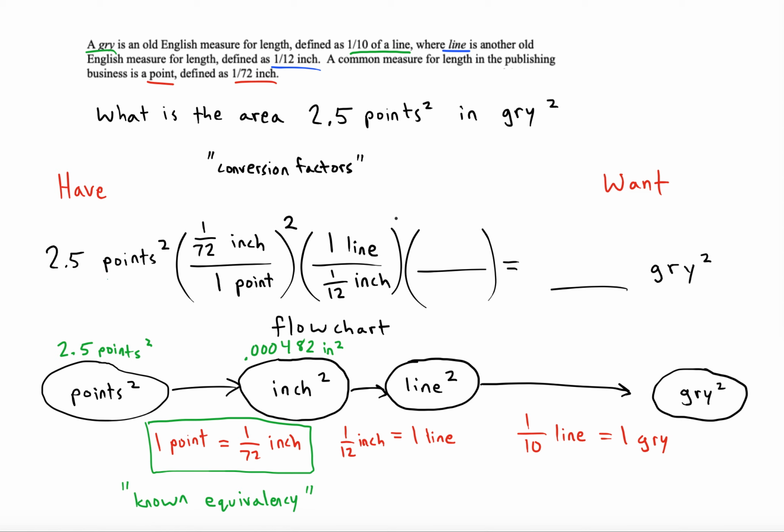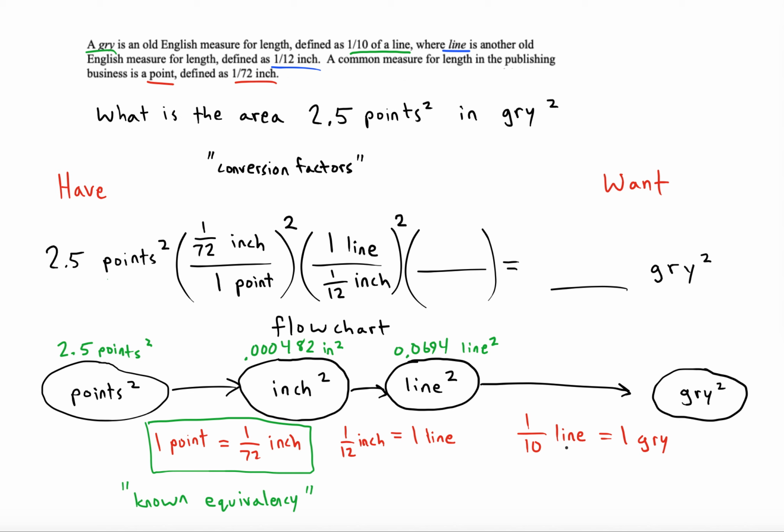Once again, we'll want to square the factor, so that we cancel inches squared with inches squared. Now I can multiply all that. I'm getting 0.0694. That'll be lines squared. So I'm almost there, but we have one more step to get us into GRY squared.